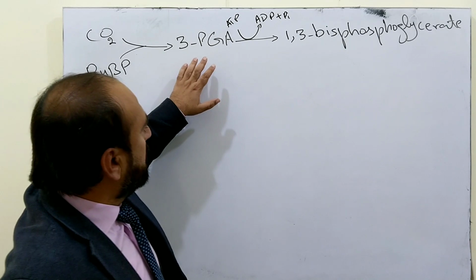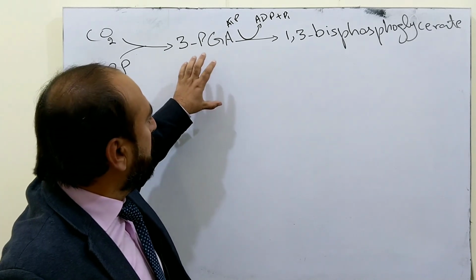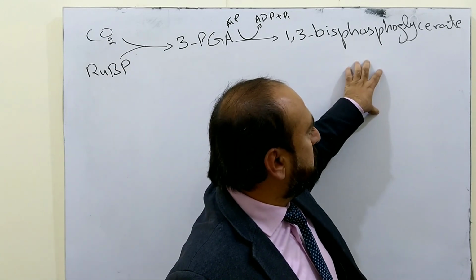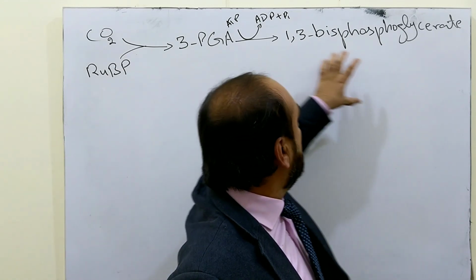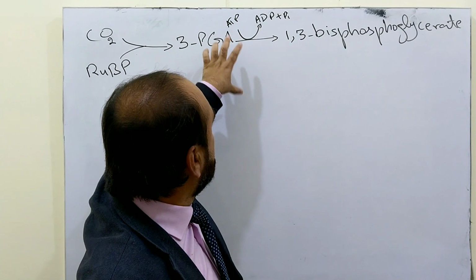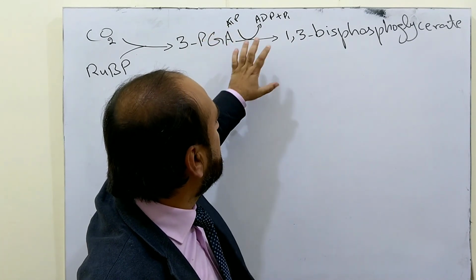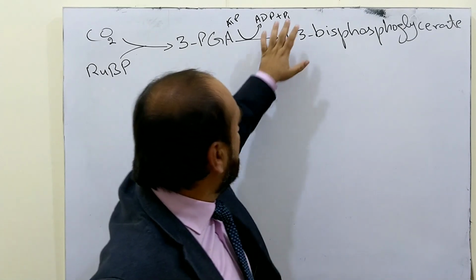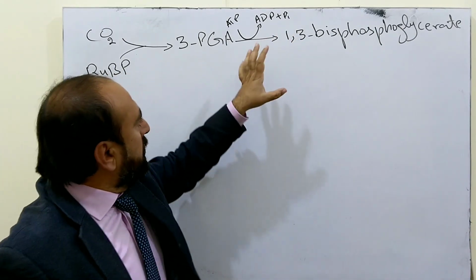This 3-carbon sugar, 3-phosphoglycerate, is converted to 1,3-bisphosphoglycerate. So this is phosphorylated using ATP and is converted into ADP and inorganic phosphate group.